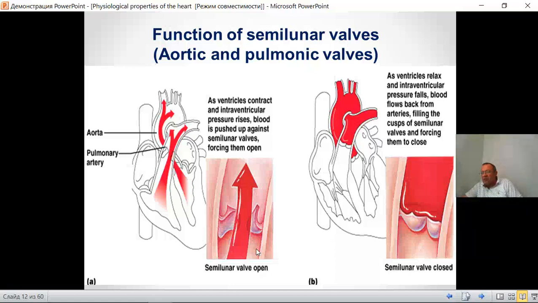When the ventricle begins to contract, pressure within the ventricle rises and blood flows toward the area of lowest pressure, which is initially in the atrium. This backflow causes the cusps of the tricuspid and mitral bicuspid valves to close.